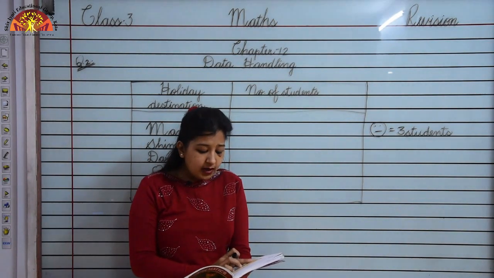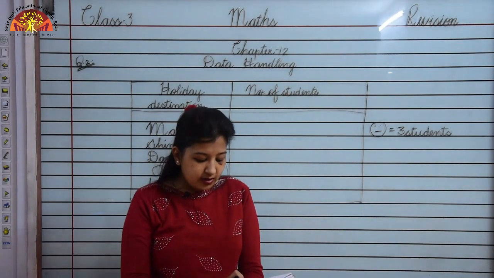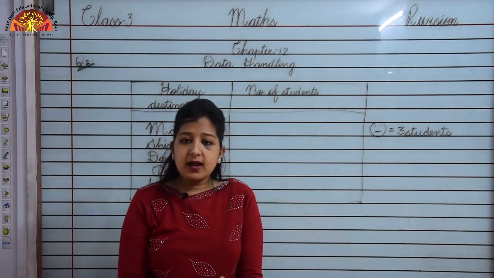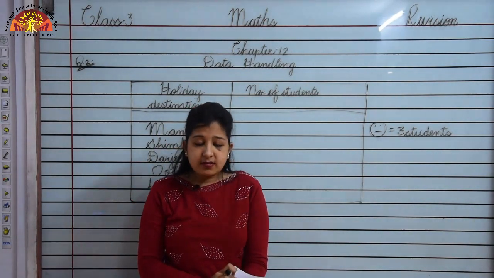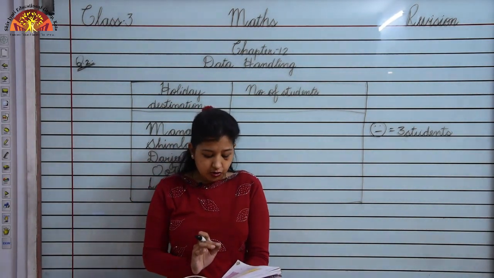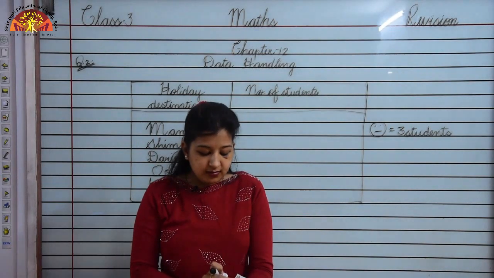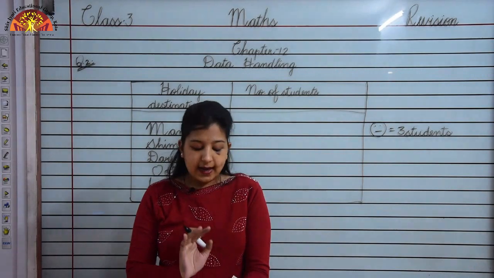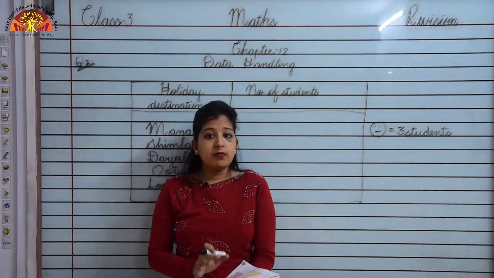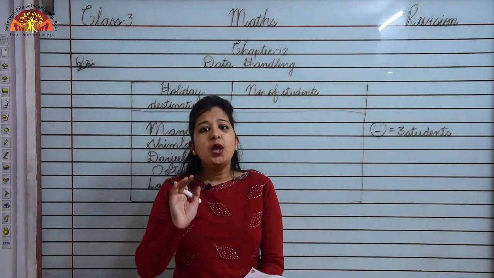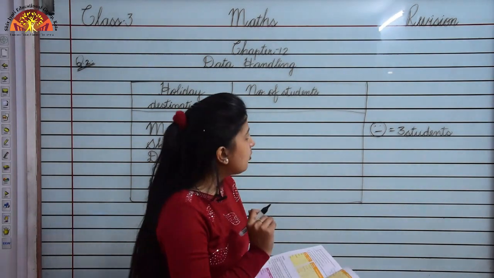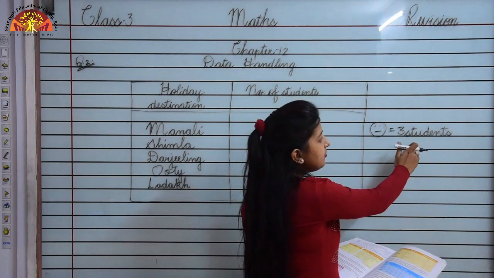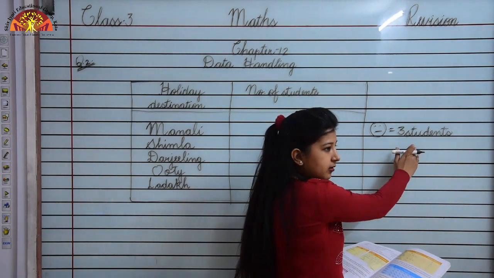Here Manali is the favorite holiday destination of 9 students, and 15 students like Shimla, and Darjeeling is the favorite holiday destination of 12 students. 6 students like Ooty, and here 6 students like Ladakh. So here what we have to do? We have to make the pictograph. So here you can see one smiley is representing 3 students. It is already written. Fine.